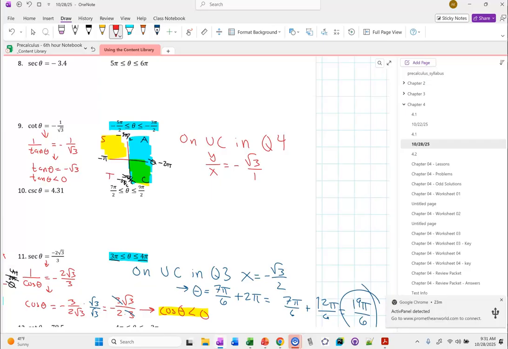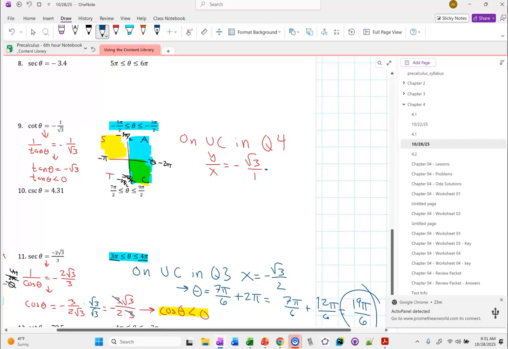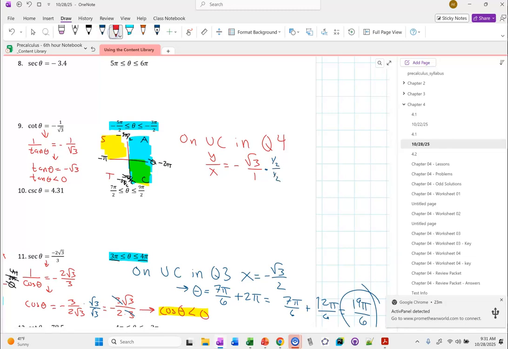Because there are no square root 3's by themselves on my unit circle as a coordinate, right? They're all like square root 3's over 2. So what I'm going to do here is think about, what if I just multiply the top and bottom by a half?